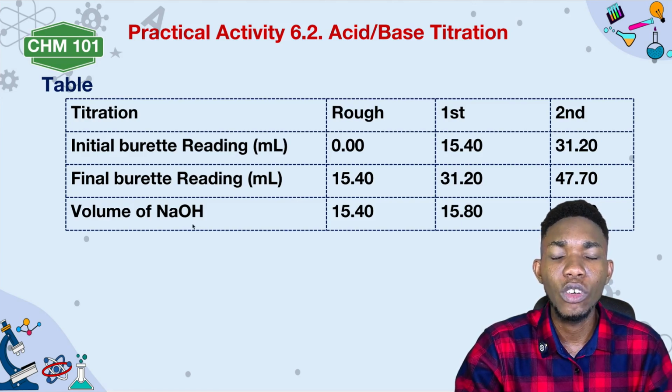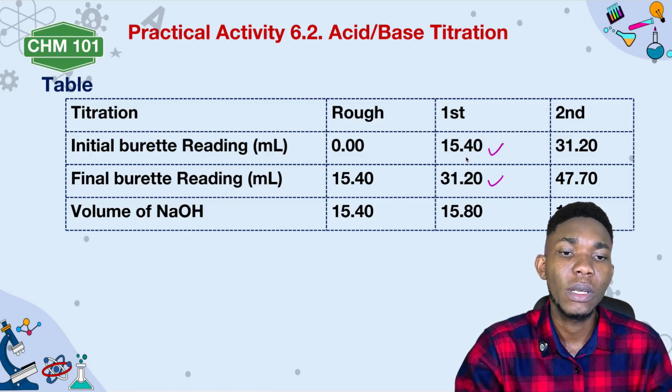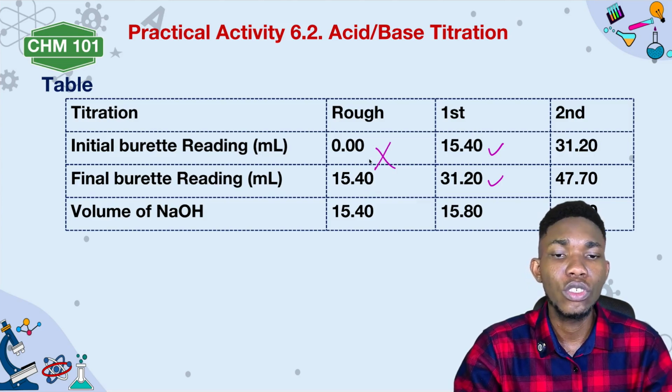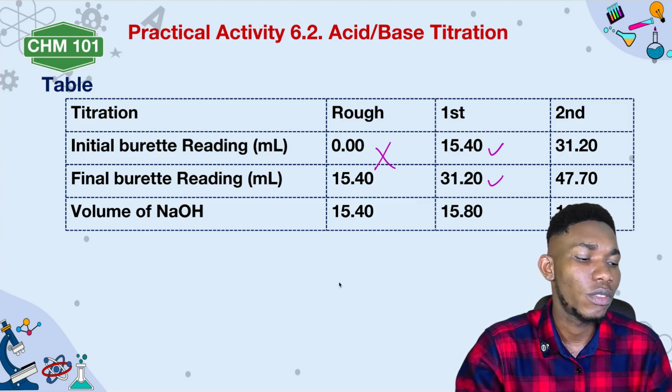To get the volume of sodium hydroxide used, you subtract initial from final, which is 31.2 minus 15.40, and that gave us 15.80. Same thing for the second titer. 47.7 minus 31.20 will give us 16.50. This one is rough. You don't usually consider this one when you are finding the average volume used.